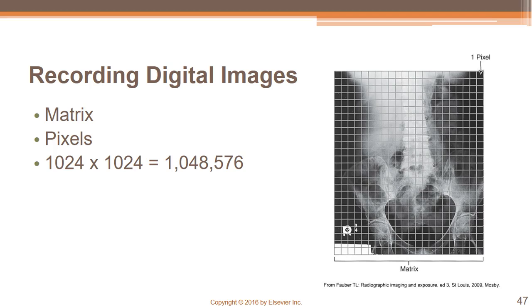But if you bump it up to a matrix of 2048 by 2048, you get up to 4 million pixels. And we're going to talk about how each number of those makes a difference. So your matrix is always the overall, whatever it is that you took. So this is the size of it. And this happens to be a KUB. How many pixels within that matrix determines how your image will actually look. That's the basic way of saying that.